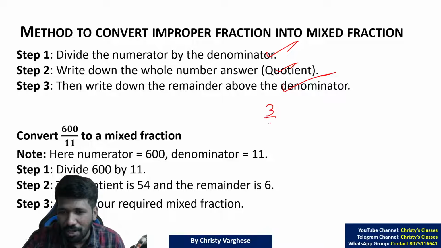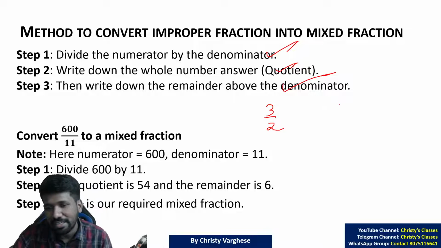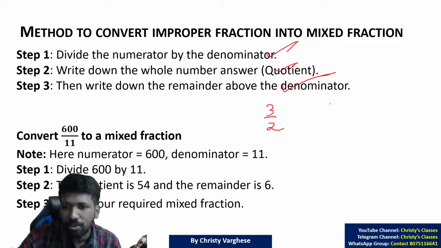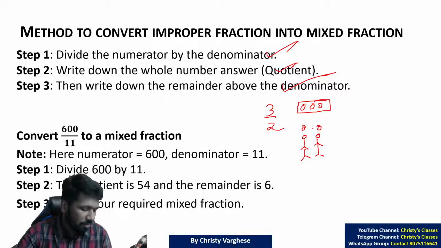As I told, when you look at 3 by 2, what should come to your mind? I always tell this example in the number system chapters also. 3 mangoes you are dividing among 2 people. So what will you do? 2 people are there, the first person and the second person. I will give 1 mango to the first person, 1 mango to the second person.